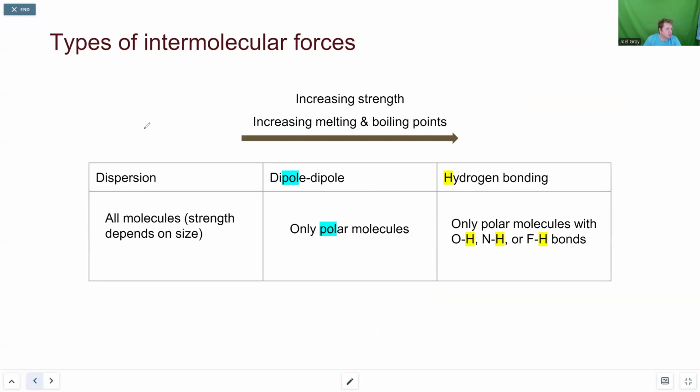Now, before we get to the next question, which I'm going to show you and then put up on Top Hat, these dispersion forces vary in strength depending on their size.